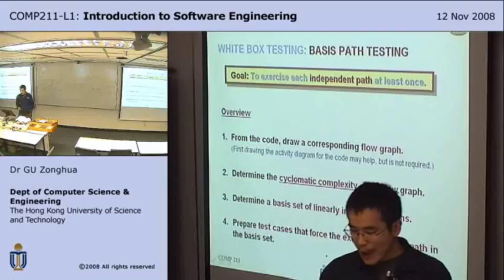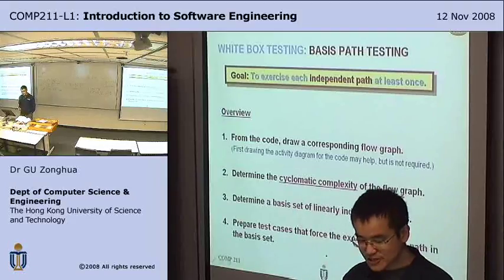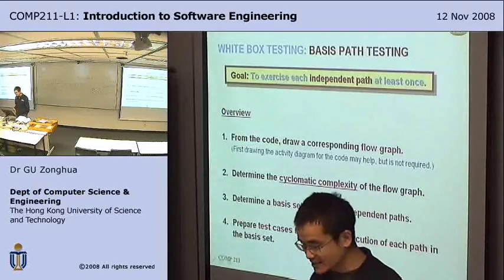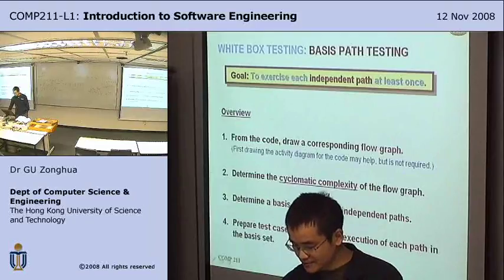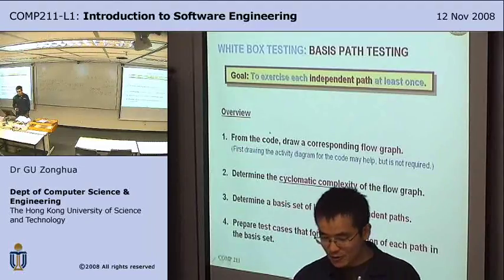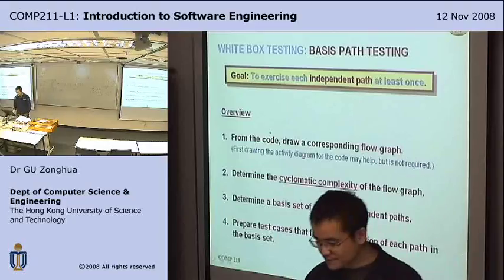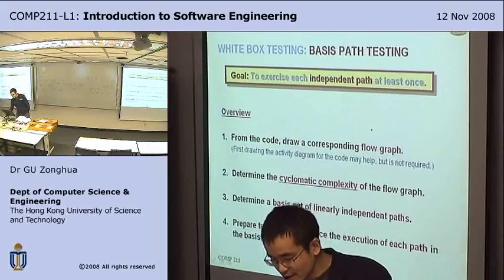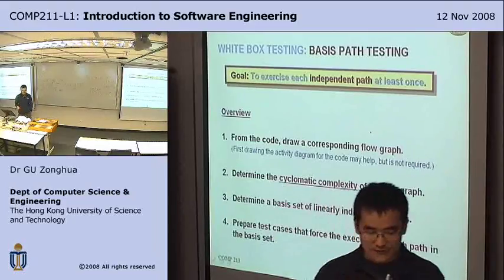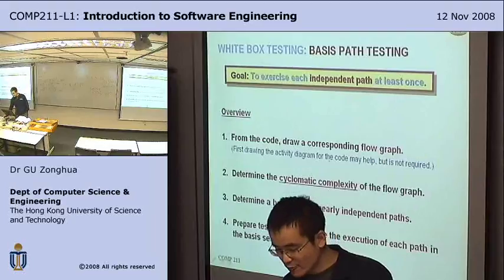So basis path testing, the goal is to exercise each independent path at least once. So the steps are, first, from the code, you draw a flow graph. Flow graph is a higher abstraction level of an activity diagram.